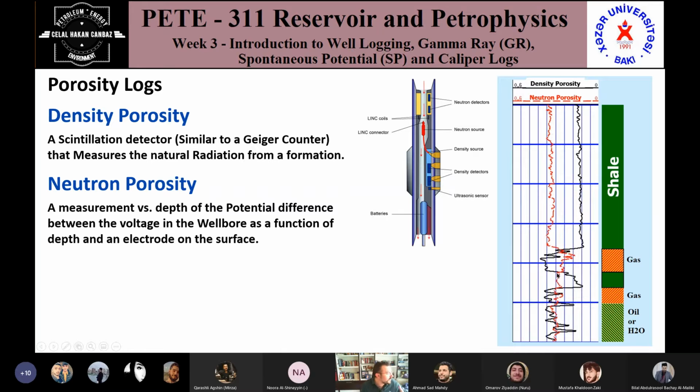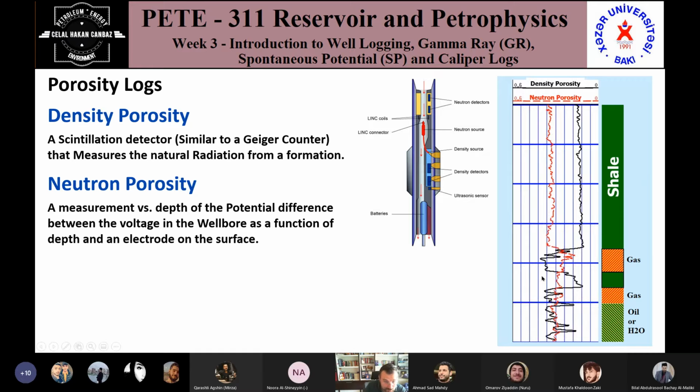So because of that, I always have to use my neutron porosity log together with the density porosity log. I have to measure both of them. So when a service company comes to you, which logs will I take? First of all, you will take gamma ray directly. Use your density and neutron porosity.